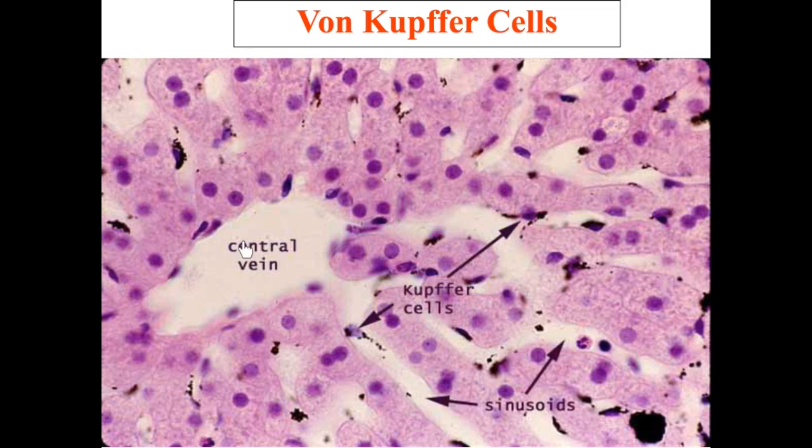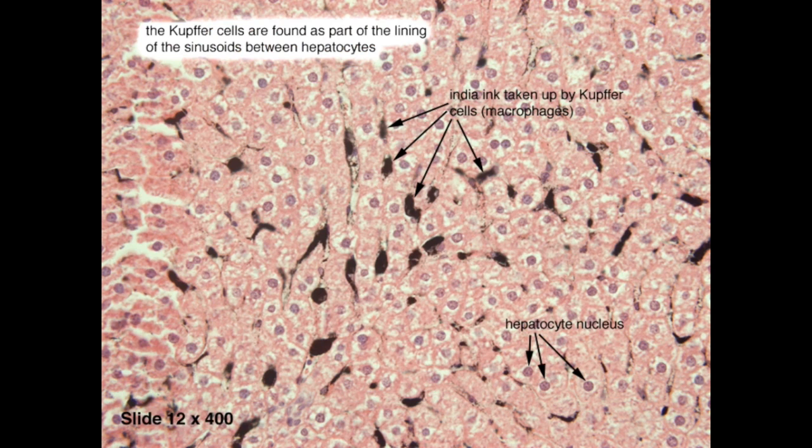Here also we have the central vein lined by the endothelial cells, and the blood sinusoid is opening inside this central vein. The liver cells have acidophilic cytoplasm, and it is vacuolated due to the presence of glycogen that dissolved during preparation of the section. This is a very nice picture to demonstrate the von Kupffer cells by vital stain.